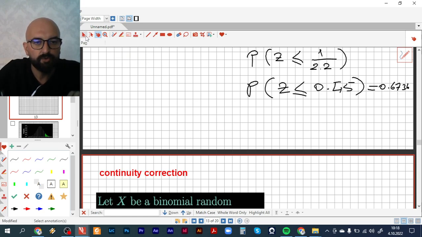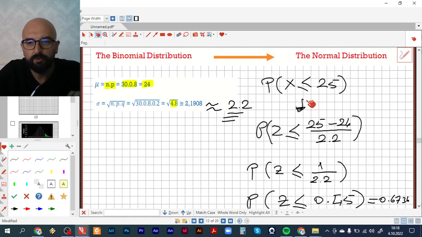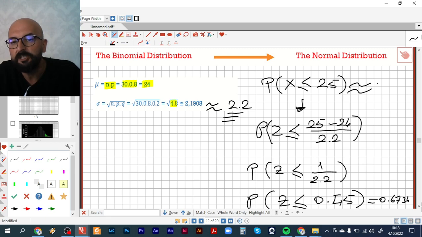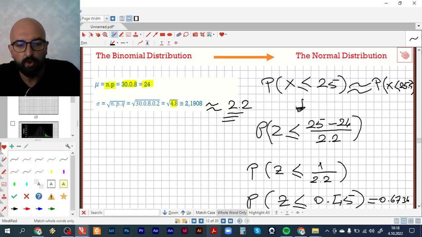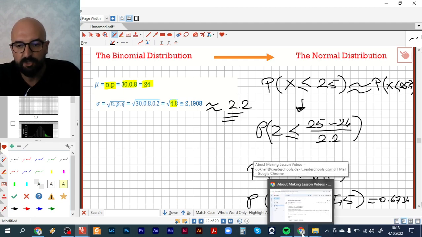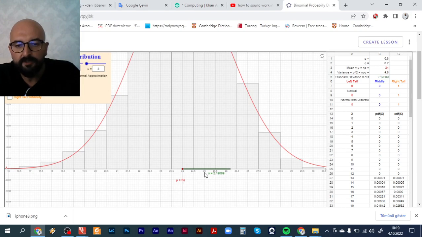We should compute x less than or equal to 25, and if we use the normal distribution, we should use x less than 25.5, because 25 is the middle of this column, but you have to include the whole column area, so you have to start from this point. This point is 25.5.